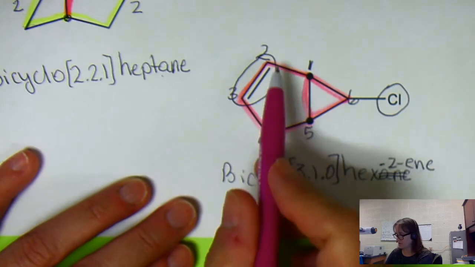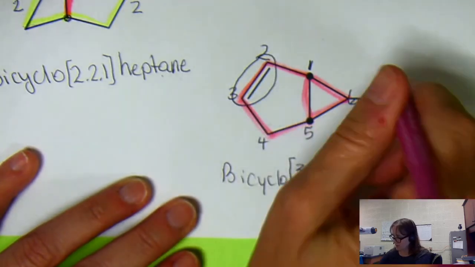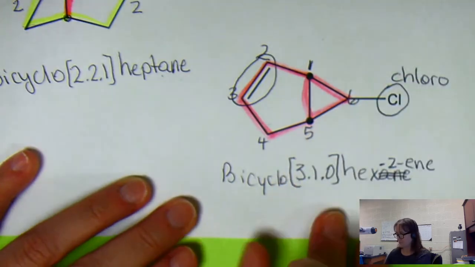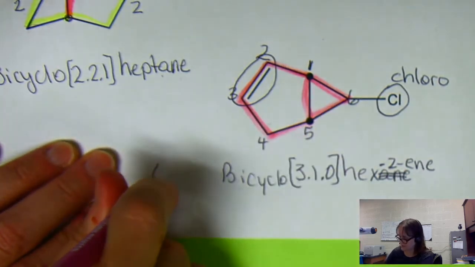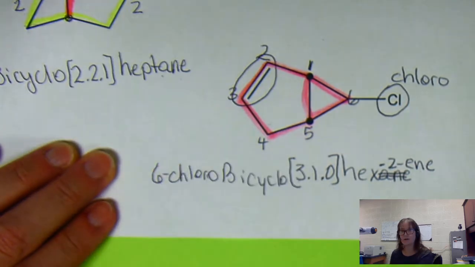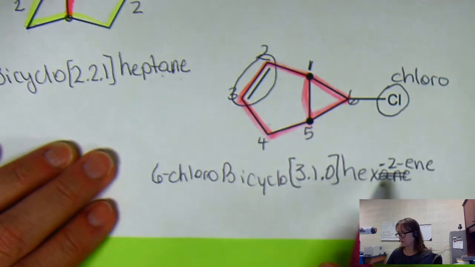So it's after carbon number 2. And then I have a chloro, and it is attached to carbon number 6. So this would be 6-chloro bicyclo 3.1.0 hex 2-ene.